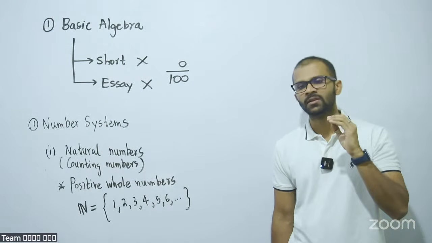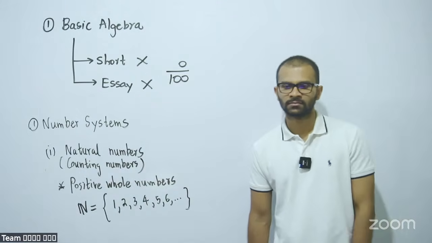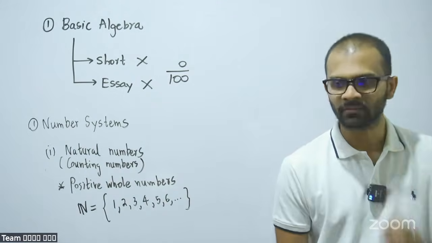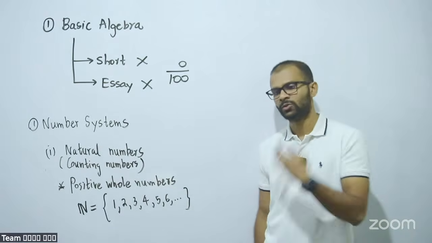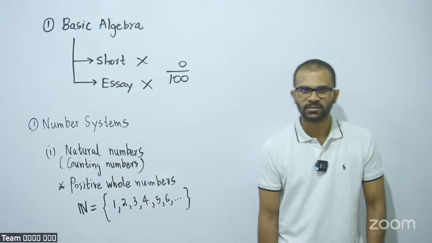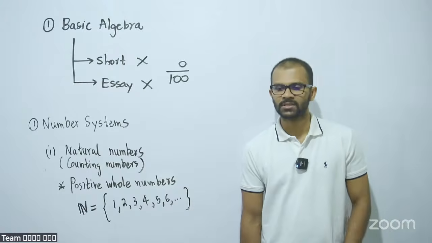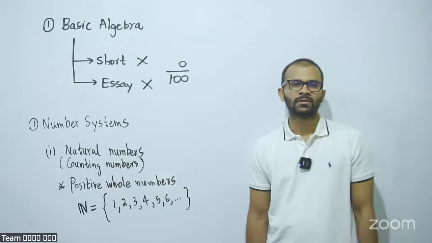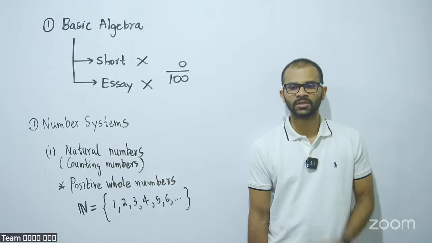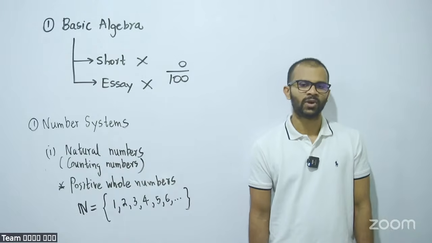We get the symbol capital N with a dash, LaTeX N with a dash. So we have 1, 2, 3, 4, 5, 6, all the whole positive numbers, all counting numbers. We use them to count whole objects. You can count coconuts, 1, 2, 3, 4, like that, right?